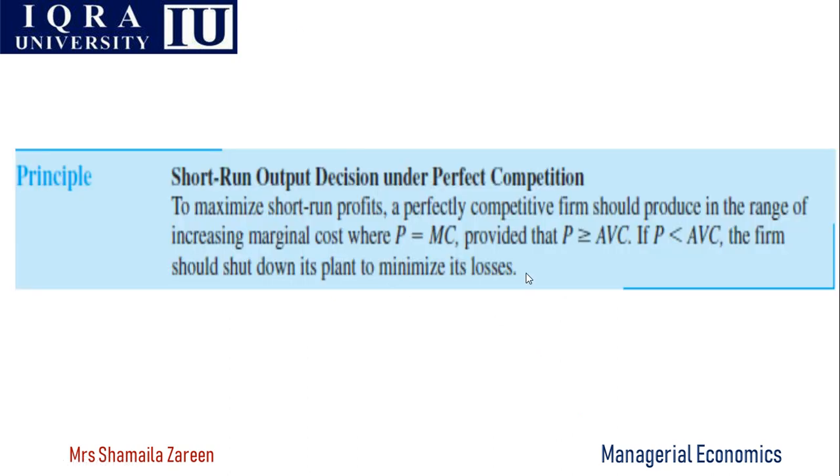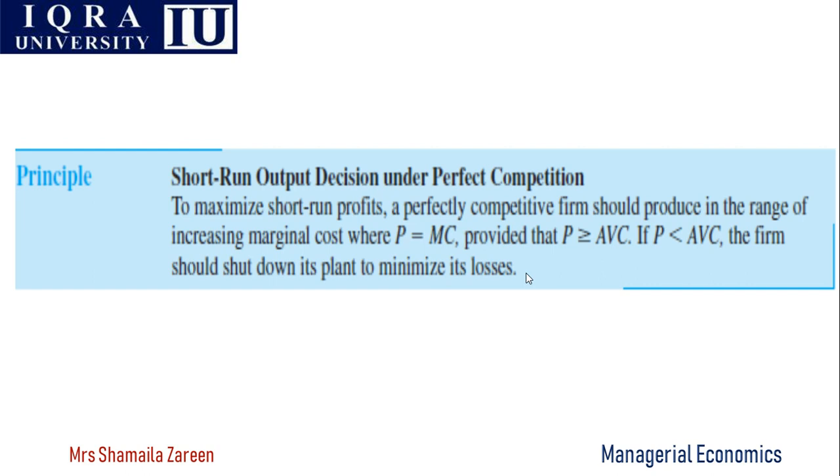So this is the third principle, a very important principle to describe the short run output decisions of the firm to maximize short run profits. A perfectly competitive firm should produce in the range of increasing marginal cost where price is equal to marginal cost, provided that price is greater than or equal to average variable cost.